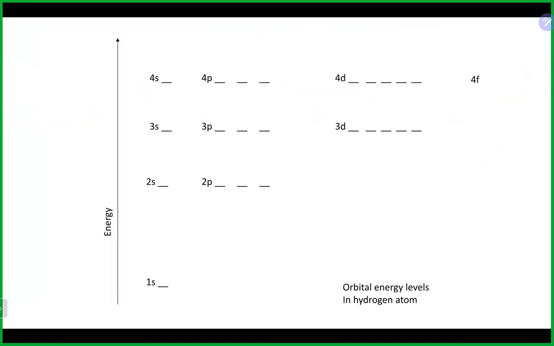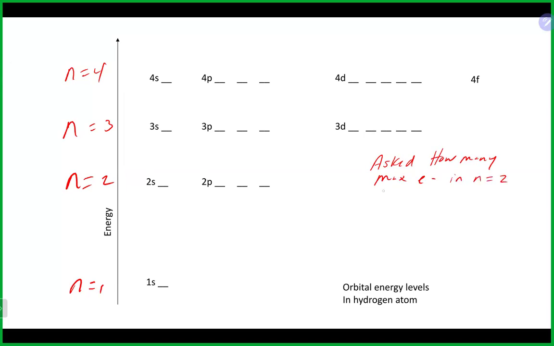And a couple of terminologies that we did talk about. This obviously would be n equals 1 on the bottom, n equals 2, n equals 3, n equals 4. And again, n is the principal quantum number, which is basically the energy level. And what you can see in here, as we talked about the couple of things of terminology, if you're asked a question, how many maximum electrons in the n equals 2 level or shell.